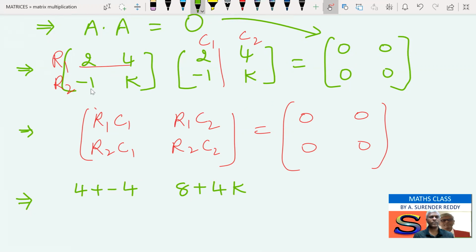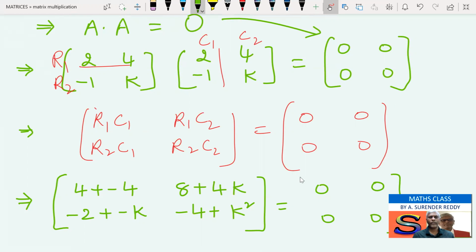Next R2 C1: [minus 1, k] with [2, minus 1]. Minus 1 into 2 is minus 2, k into minus 1 is minus k. R2 with C2: [minus 1, k] with [4, k]. Minus 1 into 4 is minus 4, k into k is k square. So that is equal to 0 matrix.